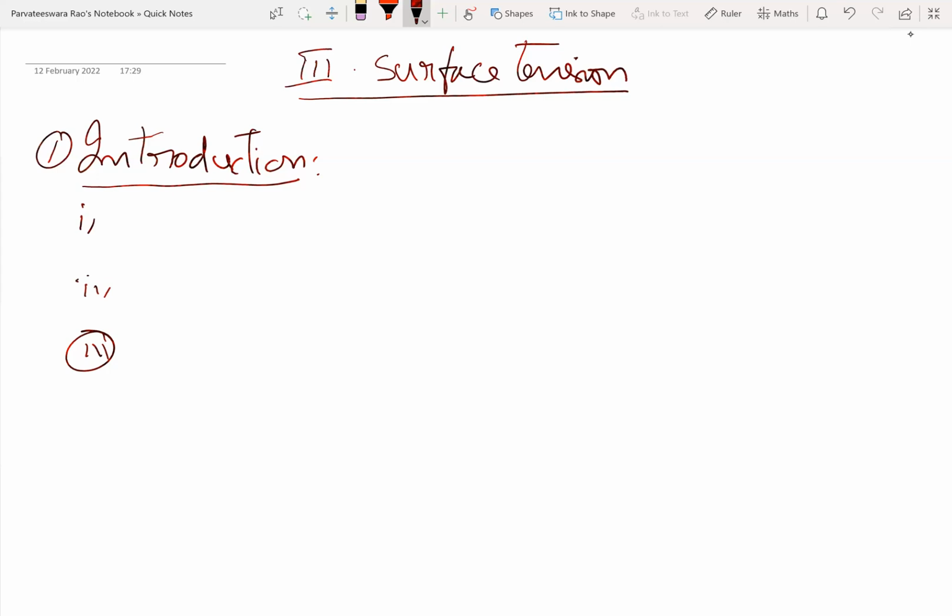Please write that point. The cause of surface tension is a molecular phenomenon.